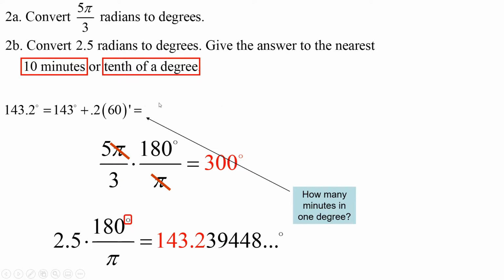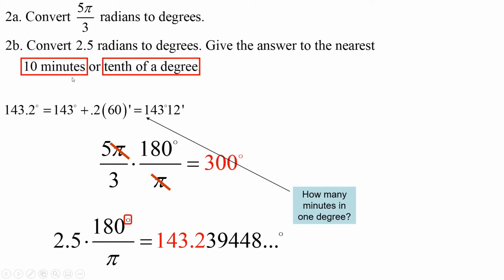So that equals 143 degrees, and then what is 0.2 of 60? I'm going to punch that out. 0.2 times 60, and I'm getting 12 minutes. Now that's very accurate, 143 degrees and 12 minutes.